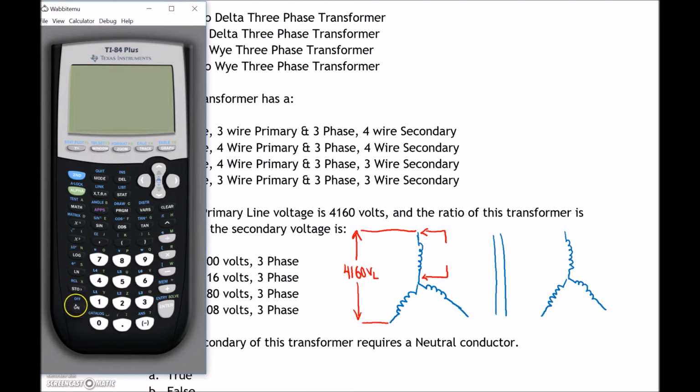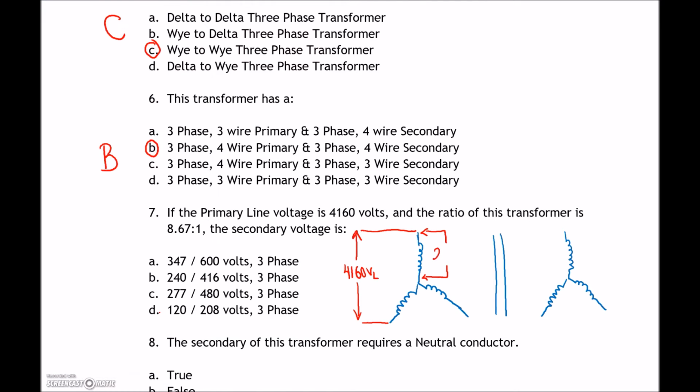So we've got 4160 divided by √3. And that gives us 2401.77. Okay, and that is our phase voltage.